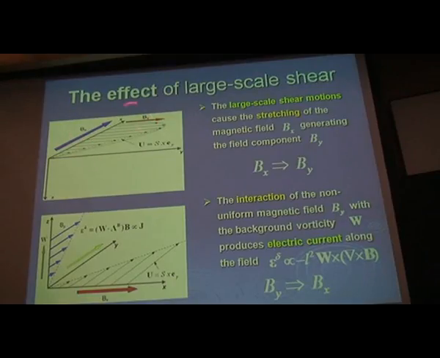But it is not yet a dynamo, so we have to close the loop. In the shear-current effect, the interaction of the background vorticity with the non-uniform magnetic field By produces electric current along the original magnetic field, which implies generation of the Bx component from the By component, and it can cause a dynamo.